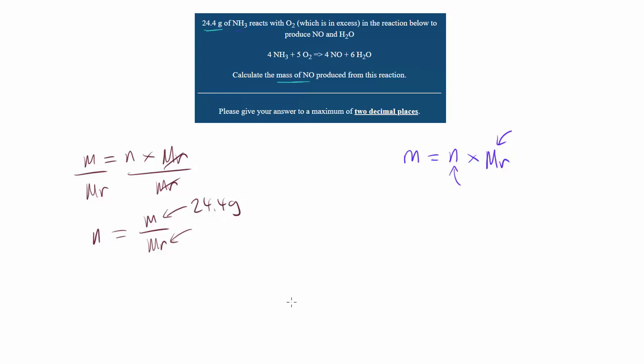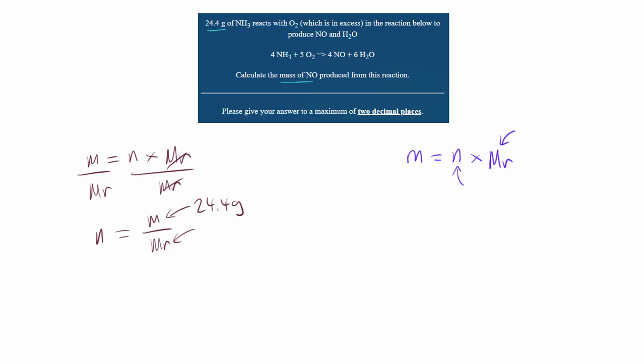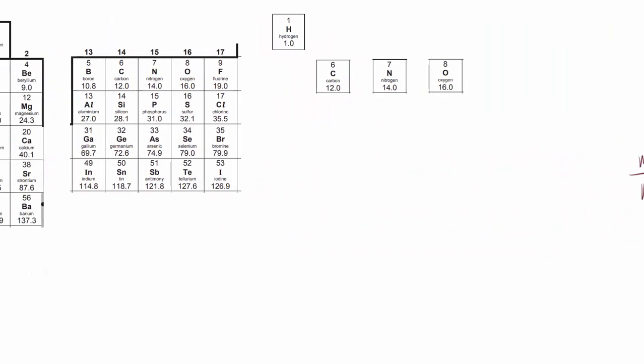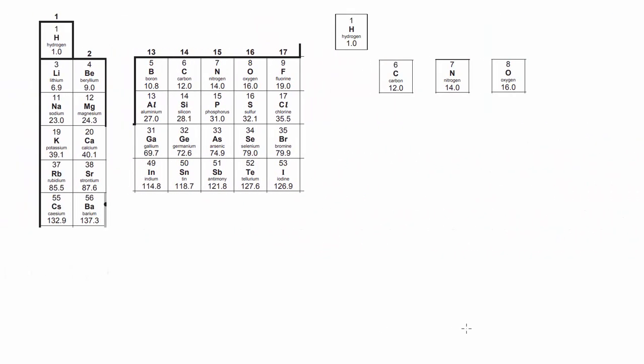Okay, so for ammonia, NH3, what's going to be the molar mass? Well, you've got nitrogen here, and you've got hydrogen. So nitrogen, you can see it's got a relative atomic mass of 14.